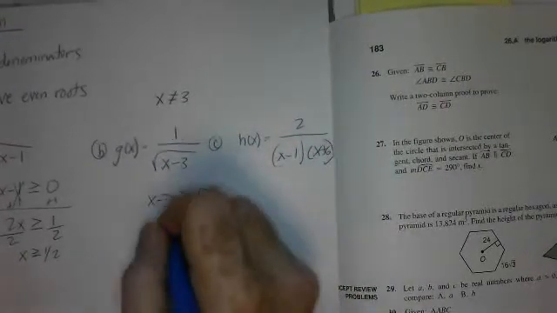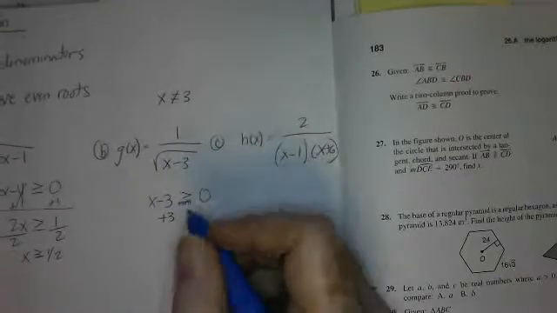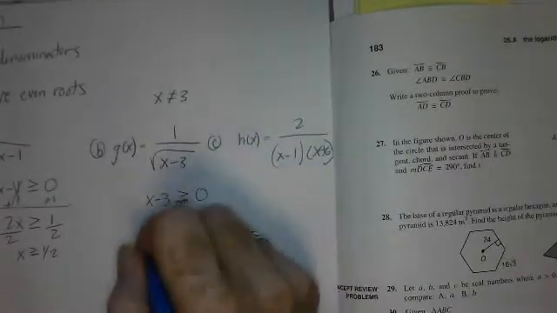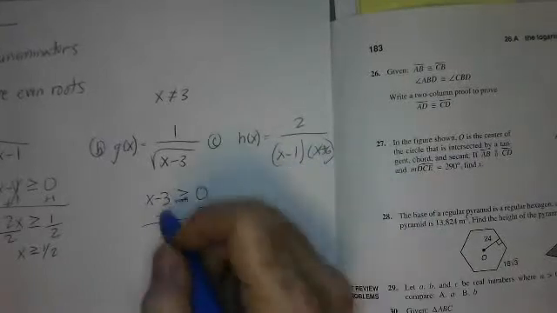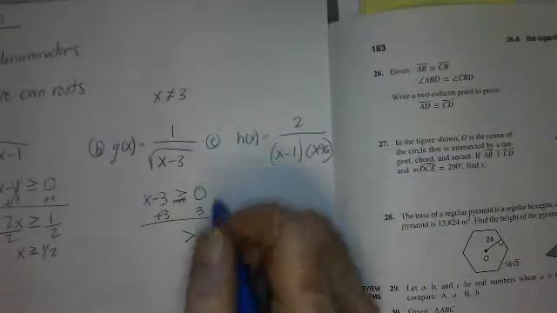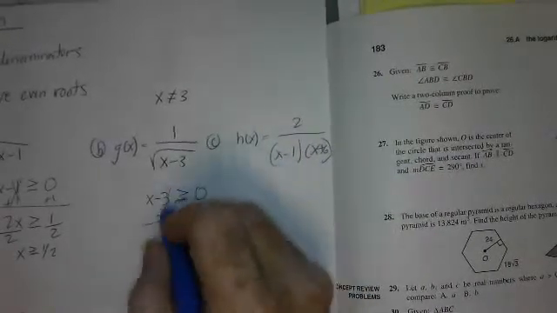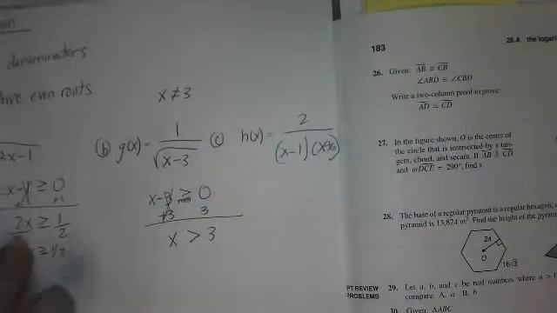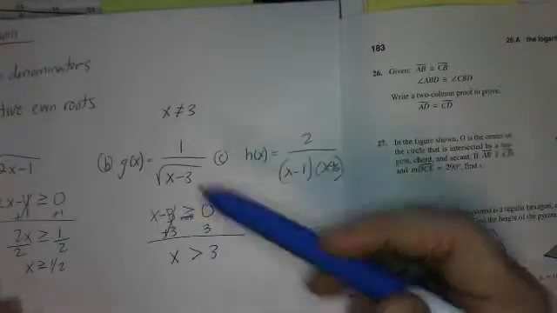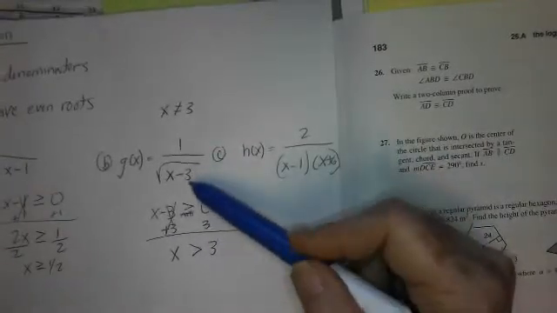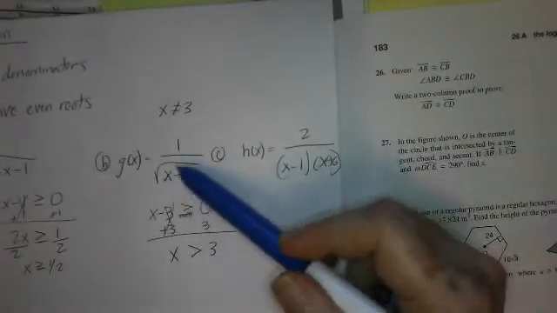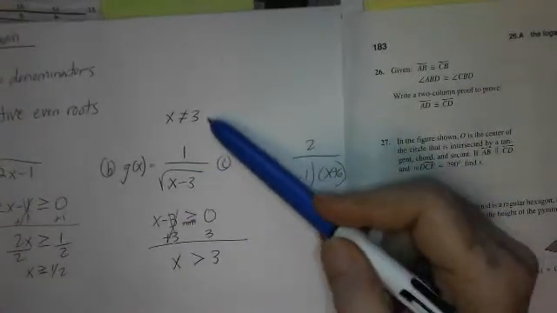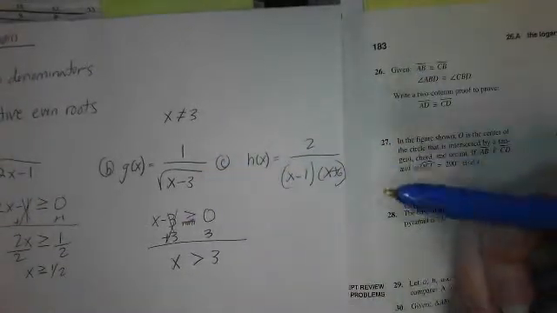So x has to be greater than 3. It has to be greater than 3, or else we'll have a negative, but it can't be 3 because then we'll have a 0. That one was kind of tricky.